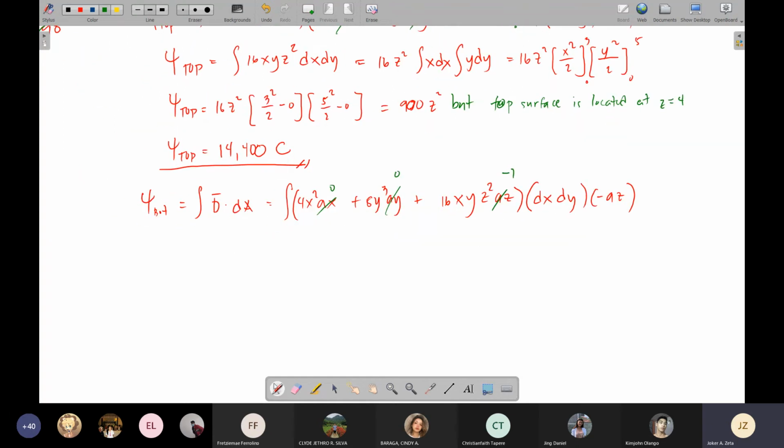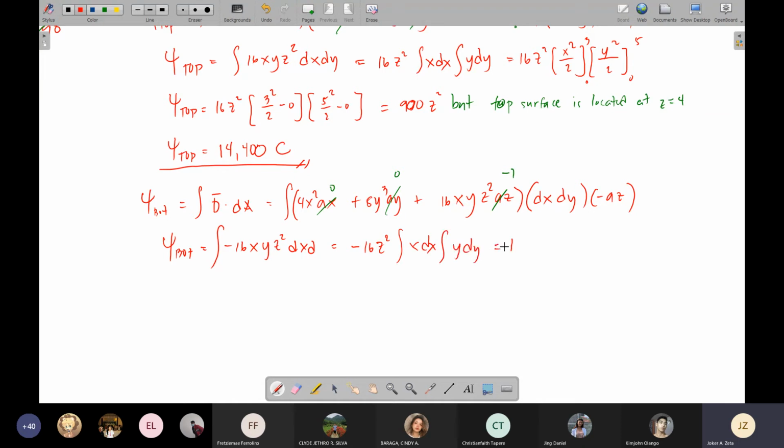So, therefore, flux sa bottom becomes negative 16 integral sa xyz squared dx dy, or this is equivalent to negative 16 z squared integral sa x dx integral sa y dy.